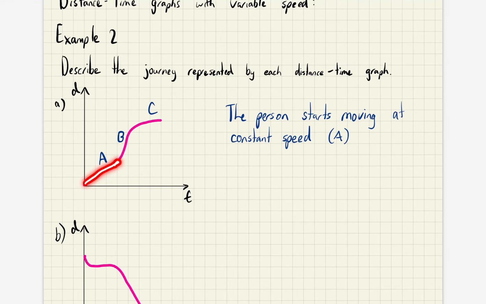So you can see here that because it's basically a straight line, that means they're going at a constant speed. But then they pick up speed. And we know that because it's a steeper curve, steeper gradient.